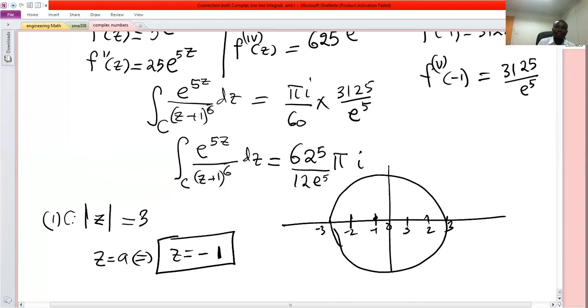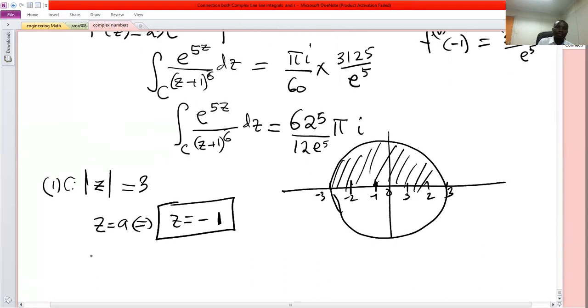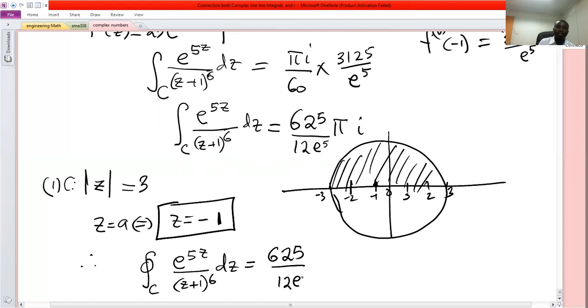Clearly you can see that -1 is a point within this circle of radius 3 whose center is the origin. So therefore, the formula applies. So therefore, the integral of e raised to the power 5z over (z plus 1) to the power 6 dz is equal to 625 over 12 e raised to the power 5 pi I.